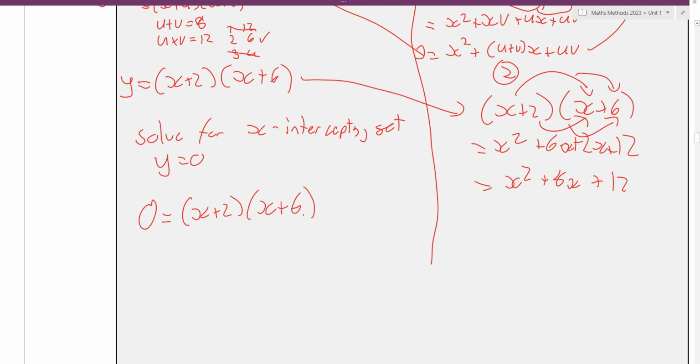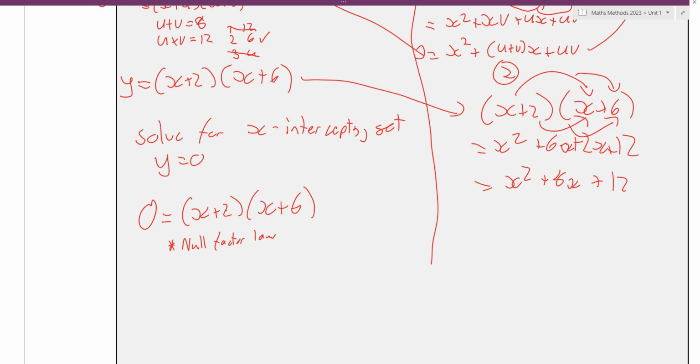The reason why it's easy to solve, guys, is because of something called the null factor law. The null factor law is, if I want to make the right-hand side of my equation 0, and I make the first bracket 0, what's going to happen to the whole equation?